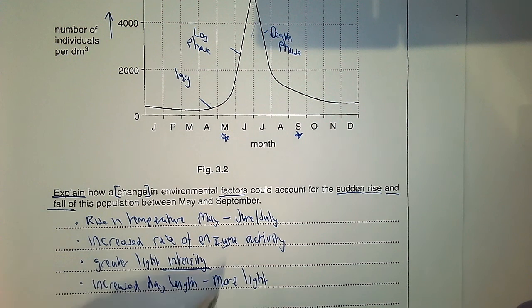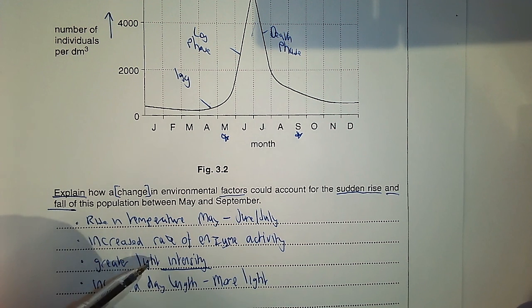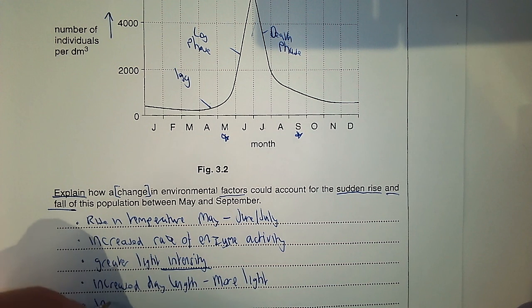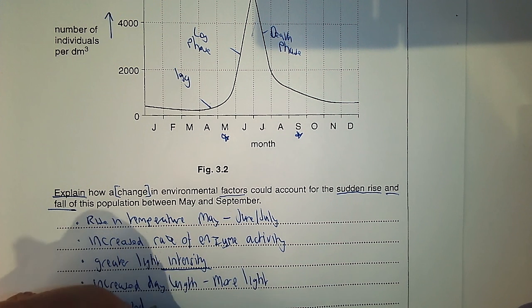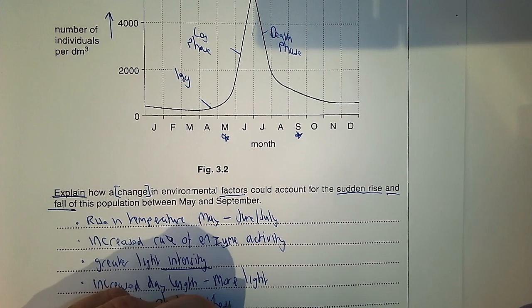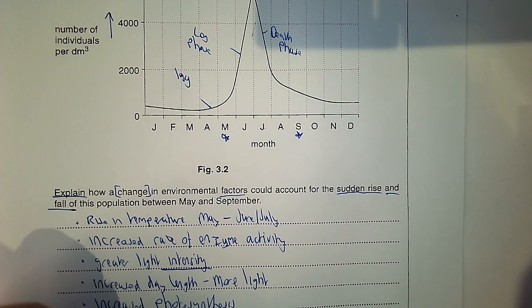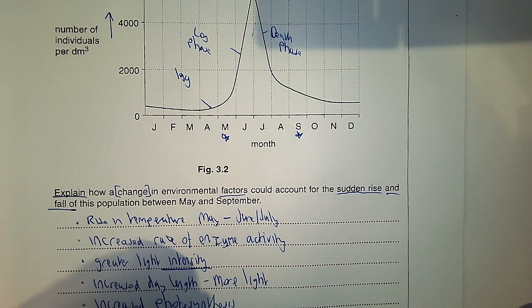So all of that, photosynthesis and enzyme control reactivity, we've got greater light intensity, we've got increased day length, so we've got more light, is going to lead to increased photosynthesis, which is going to lead to increased growth of the algae.